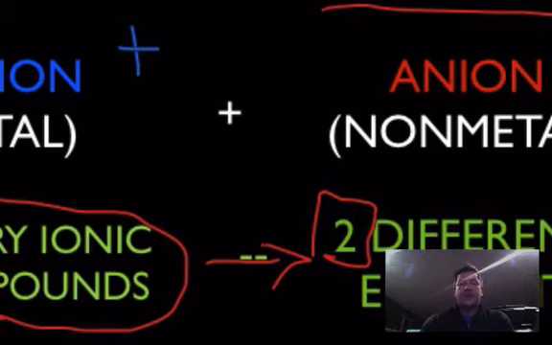The anion, the non-metal, will always end in "ide" unless it's a polyatomic ion, and we'll get to that as well. So if it's not a polyatomic ion, any anion or non-metal is going to end in "ide." A little rule to remember.